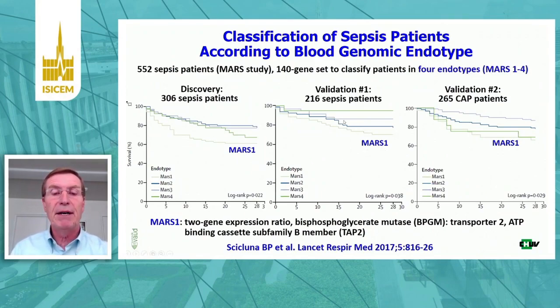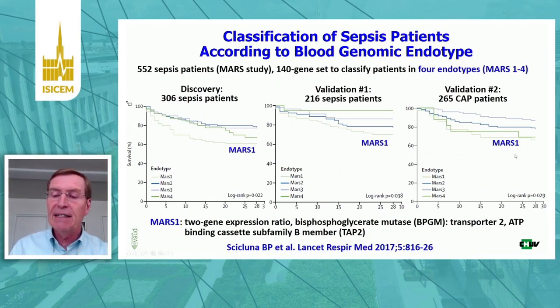And they could, based on 140 genes, identify various endotypes that they call MARS1 to 4. And as you can see, in this discovery cohort of more than 300 patients and validation cohort with 216 sepsis patients, the MARS1 endotype was associated with a worse outcome.